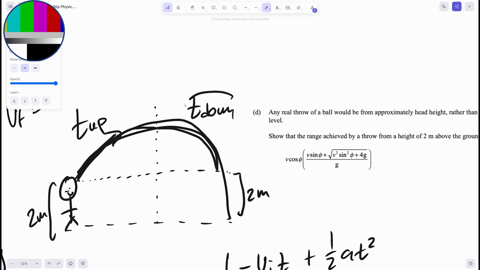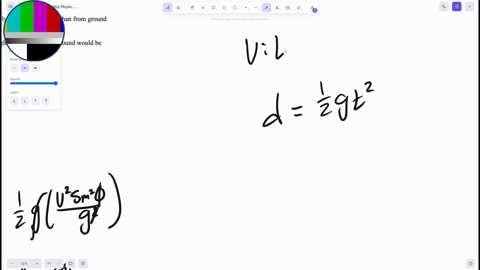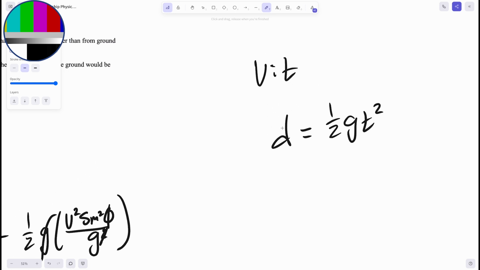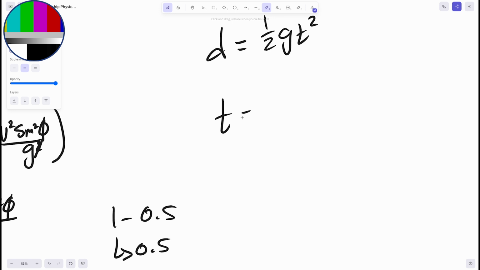So now in order to find the total time down, we can use the equation d is equal to half gt squared. Now the reason why we have negated Vit is because we do not have an initial velocity, and therefore that cancels out. And so from there we can rearrange, so our t is equal to the square root of the distance over our g.